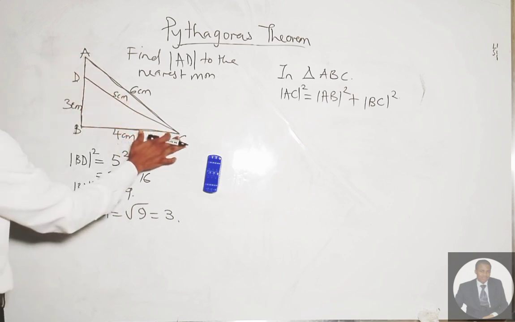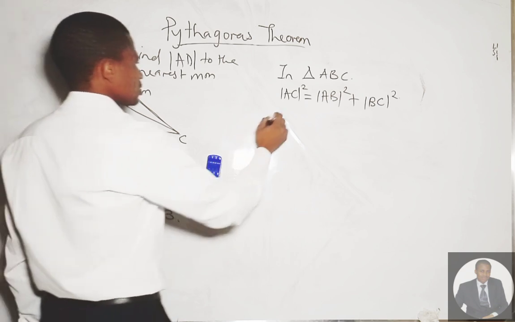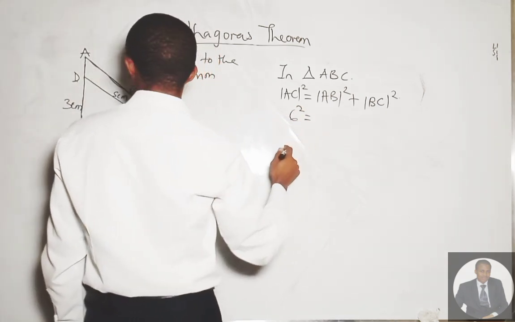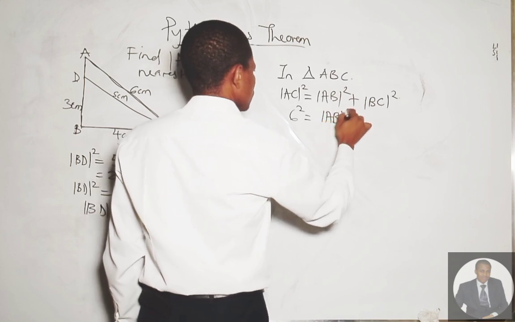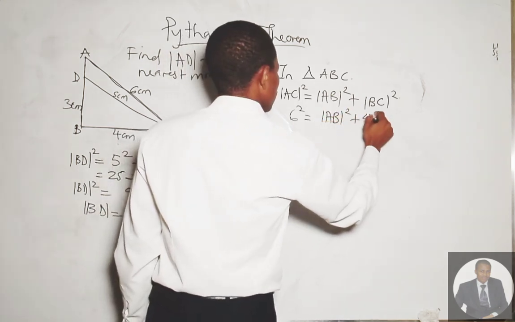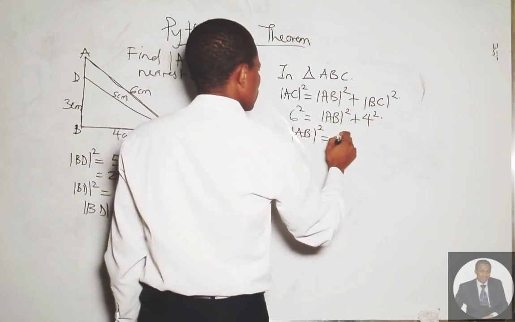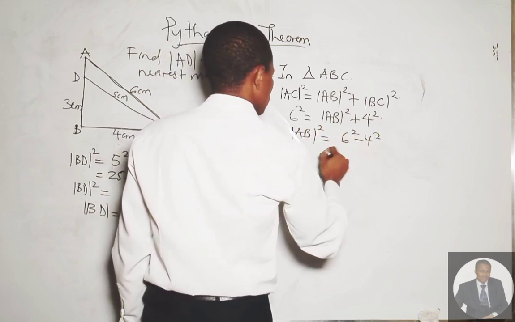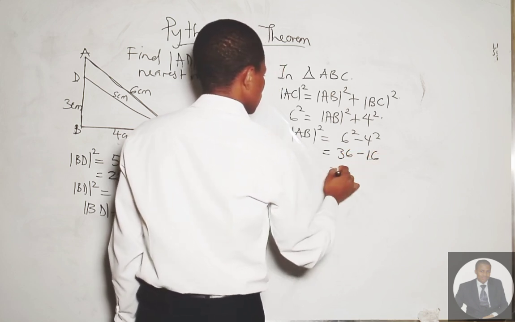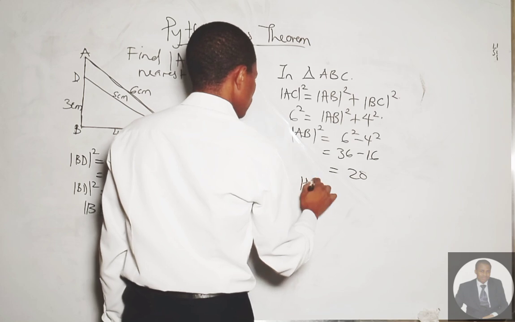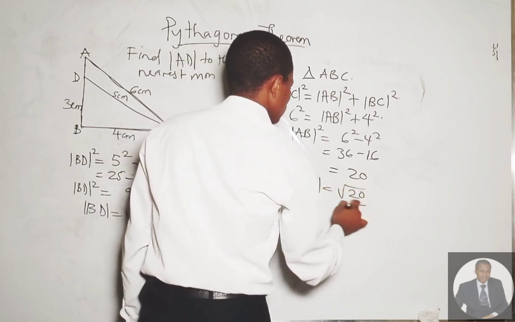AC square, the hypotenuse side, equals AB square plus BC square. What's AC? AC is 6, so 6 square is equal to AB, which is what we are looking for, square, plus what's BC? 4 square. So line AB square equals 6 square minus 4 square. That's 36 minus 16. That will give us 20. So AB equals square root of 20.